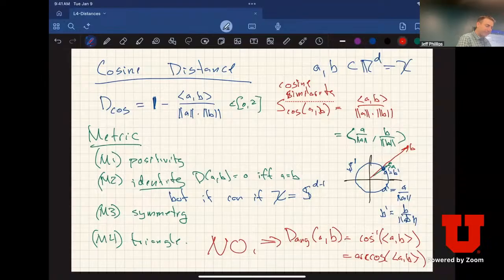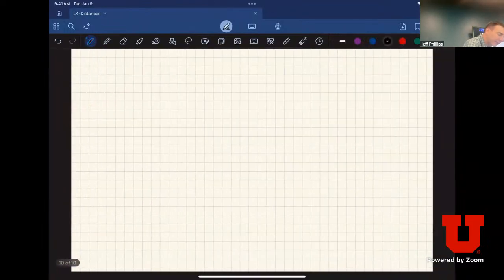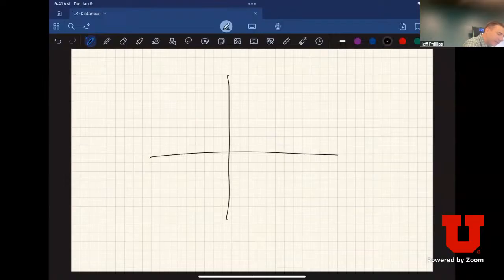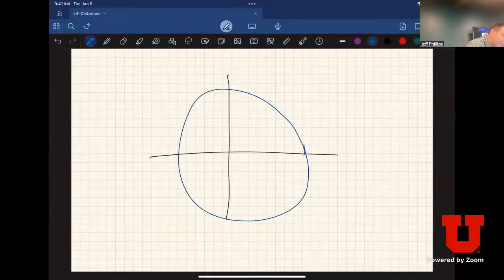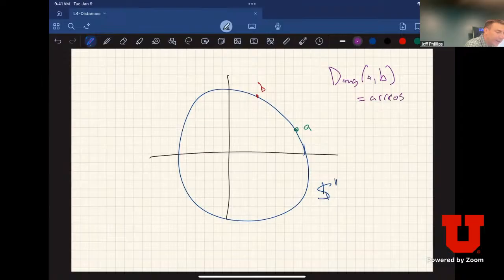Why is the angular distance a metric? If I think of this space S1, and I have two points, A and B, I'm measuring the angle between A and B. Remember, this is the arc cosine of A dot B. What is that distance actually measuring between these two vectors?